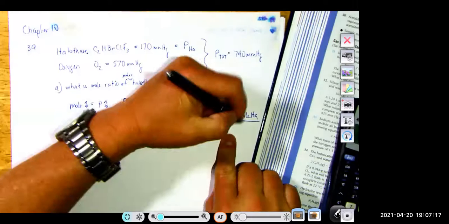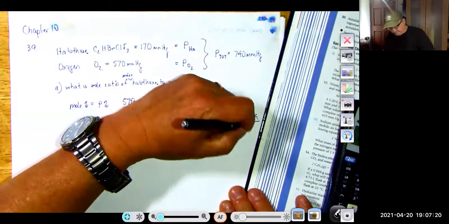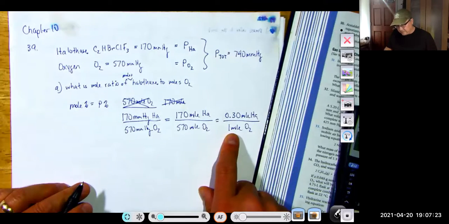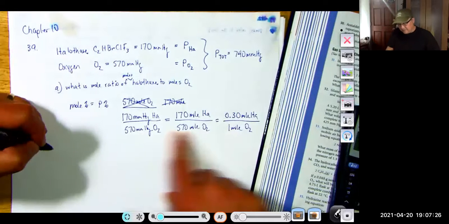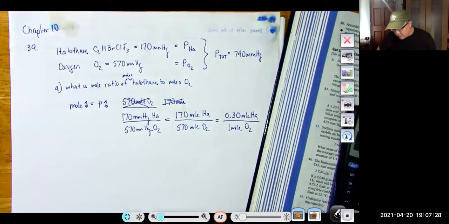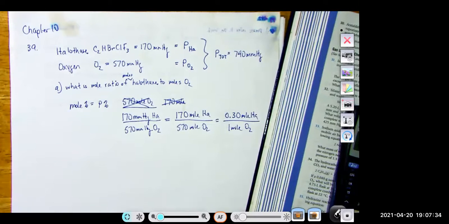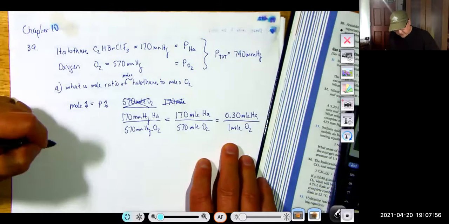Okay, so here, this is the mole ratio. So there's your answer to A: 0.30 moles of halothane to 1 mole of O2. So if they gave us the mole percentage, and they gave us how much one ATM was, we could come up with how much 2 ATM was based on that percentage, just on the ratio.